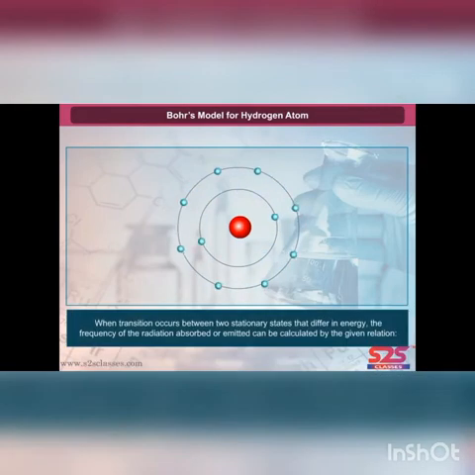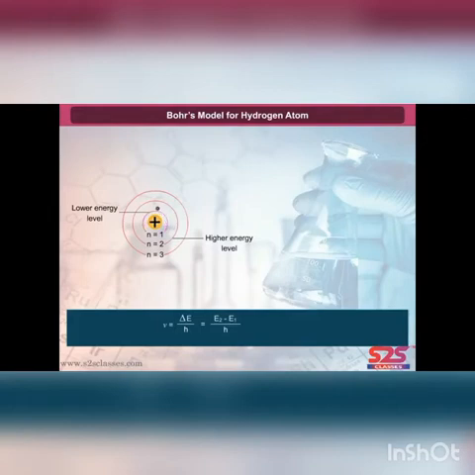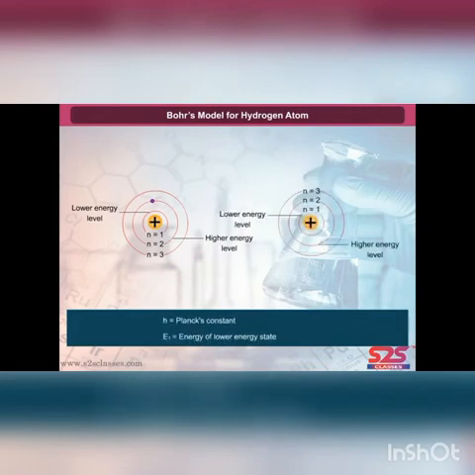When transition occurs between two stationary states that differ in energy, the frequency of the radiation absorbed or emitted can be calculated by the given relation. Mu is equal to delta E over h, which is E2 minus E1 over h, where mu is the frequency of radiation, h is the Planck's constant, E1 and E2 are the energies of the lower and higher energy states respectively.